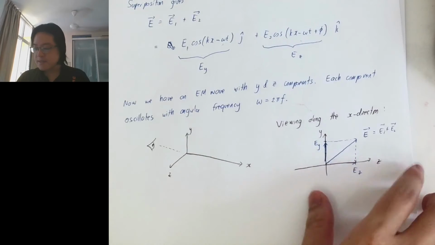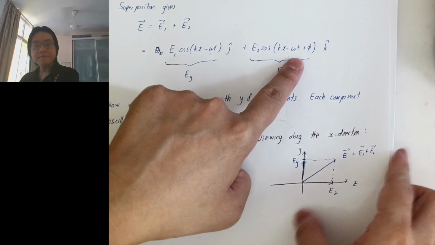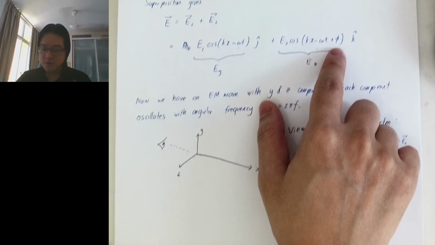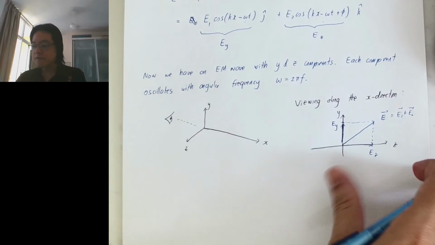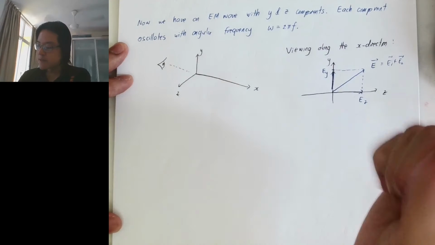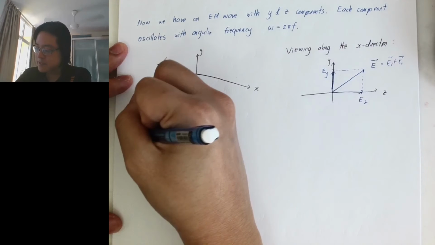Okay, so let us see what happens. It depends on the phase difference. In fact, we just study two simple cases for the phase difference. I should probably write some additional info.